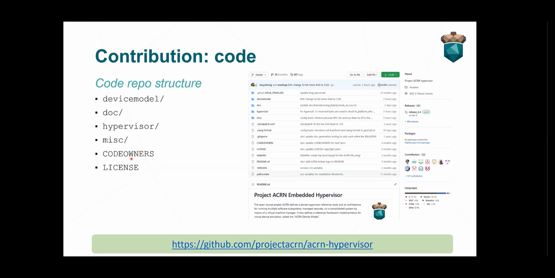And then the other two files that are important: one is the license file. We've talked about that. So ACRN is released under a BSD 3-clause license. So that's the text of the license that you can read and become familiar with. And the other useful resource is, if you have questions about a particular subsystem, then you have a list of subsystems and the respective owners and maintainers for those.